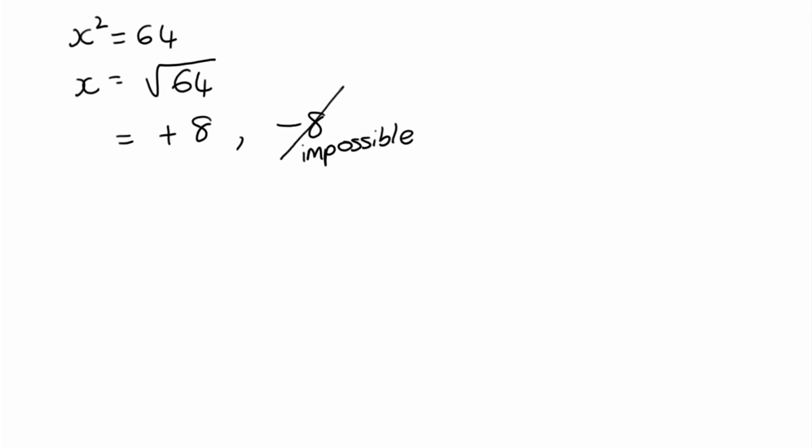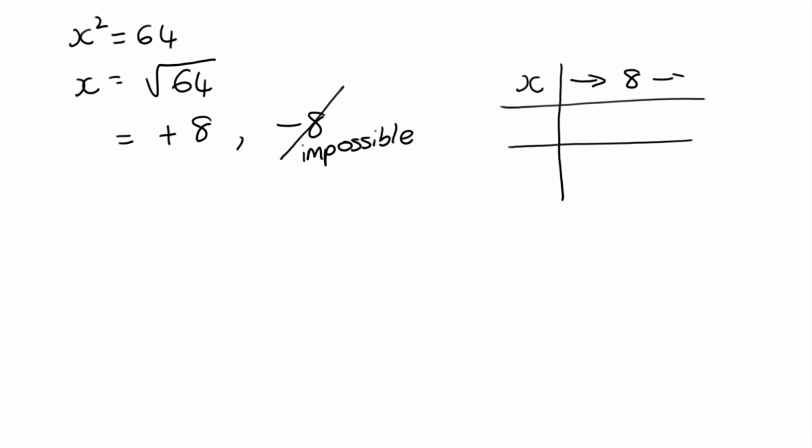Okay, let's do a quick nature table to prove that it's minimum when x is 8. So in this middle section, you're going to write P dash of x. So you write the differentiated form, whatever it's in. It has to be 0 below the 8. Okay, the arrow before the 8 just means pick any value less than 8 and substitute it into your P dash of x. Because x is on the bottom, you can't use 0 because that does not make sense.